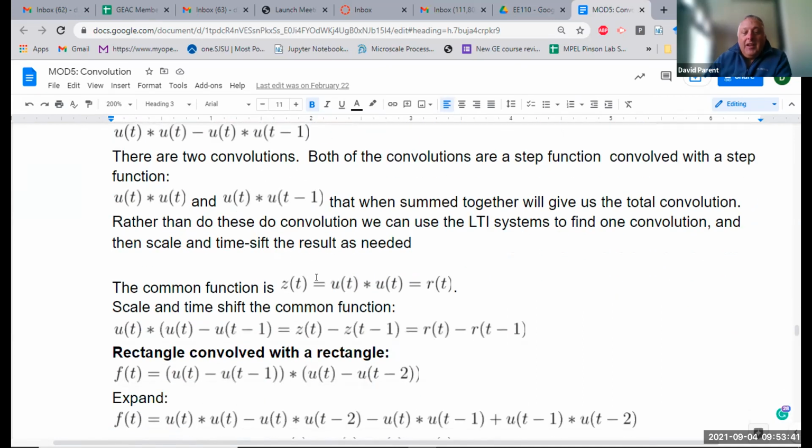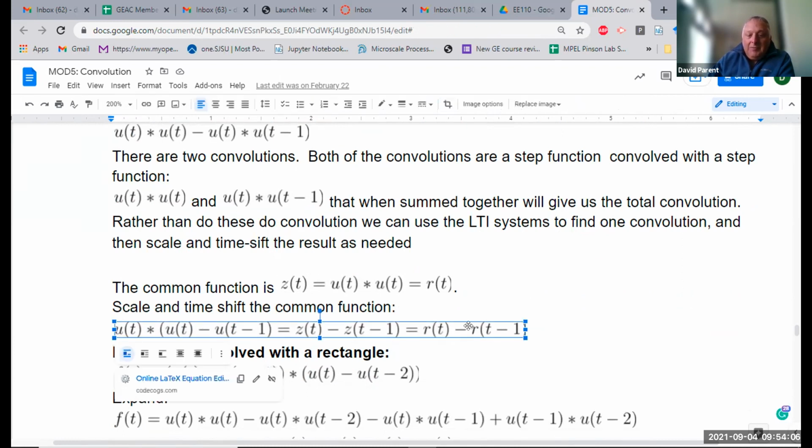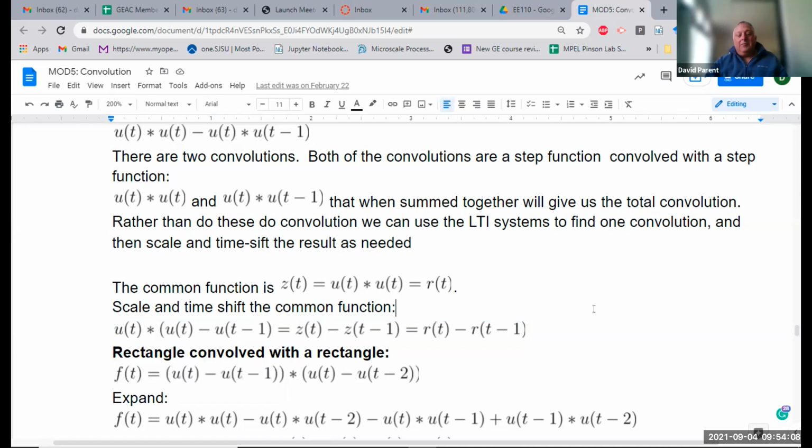I can find this common function, because it's step times step. Sure, that's scaled, sure, that's delayed, but it's still a step convolved with a step, r(t). Then I plug it back in: z(t) is my original u(t) convolved with u(t), then minus z(t), because of the minus sign, delayed by 1, which just gives me r(t) minus r(t) delayed by 1.